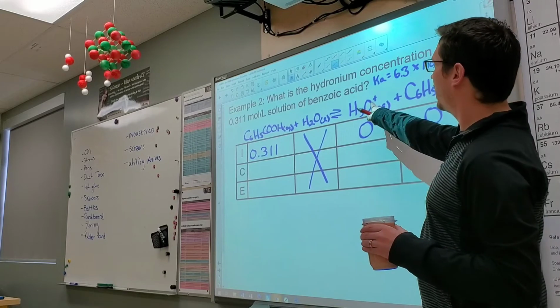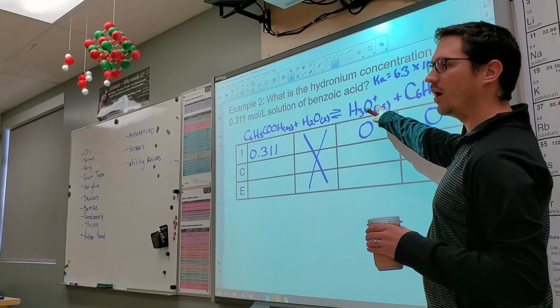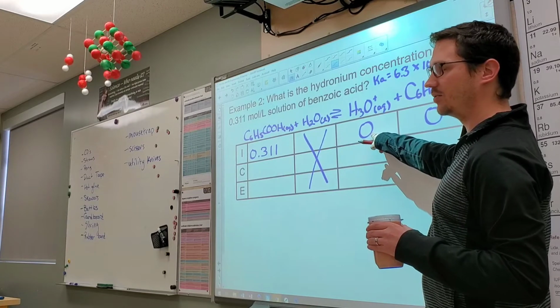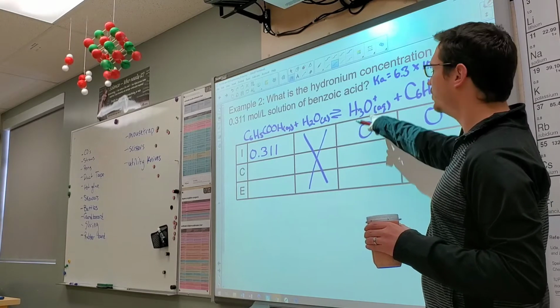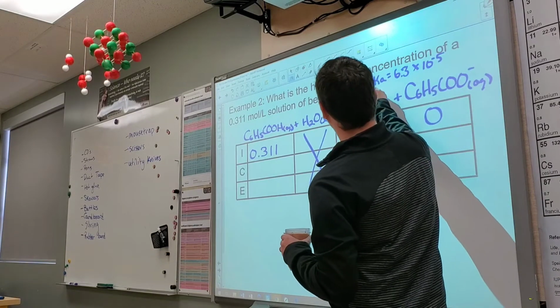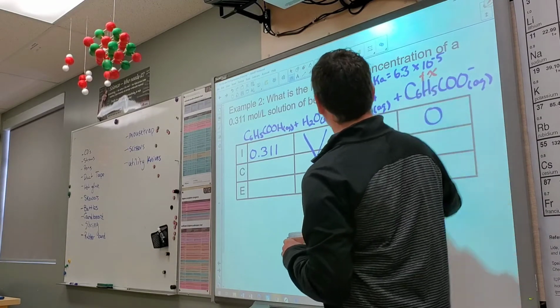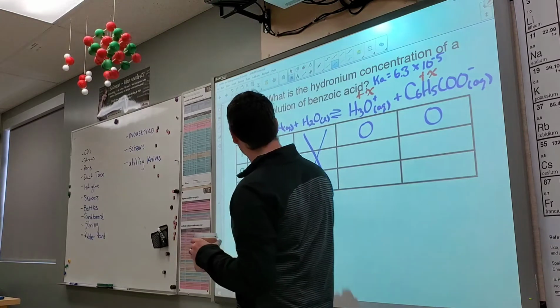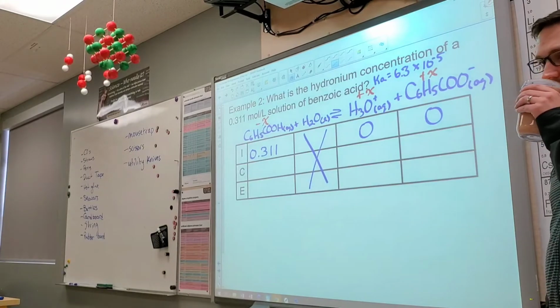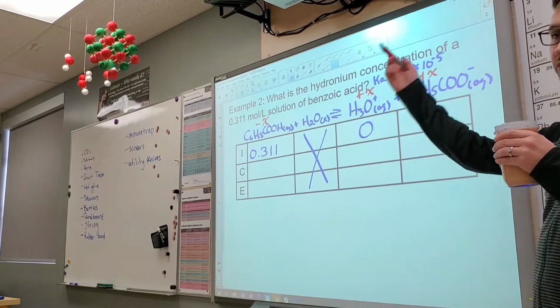What's going to happen to my hydronium concentration? Is it going to go up or down from 0? Can it possibly go down from 0? No. Can you decrease if you start with nothing? No, it's not possible, right? So plus x, and minus x. Why are they all x's? We don't know, because we don't know, when all the coefficients are 1, right?